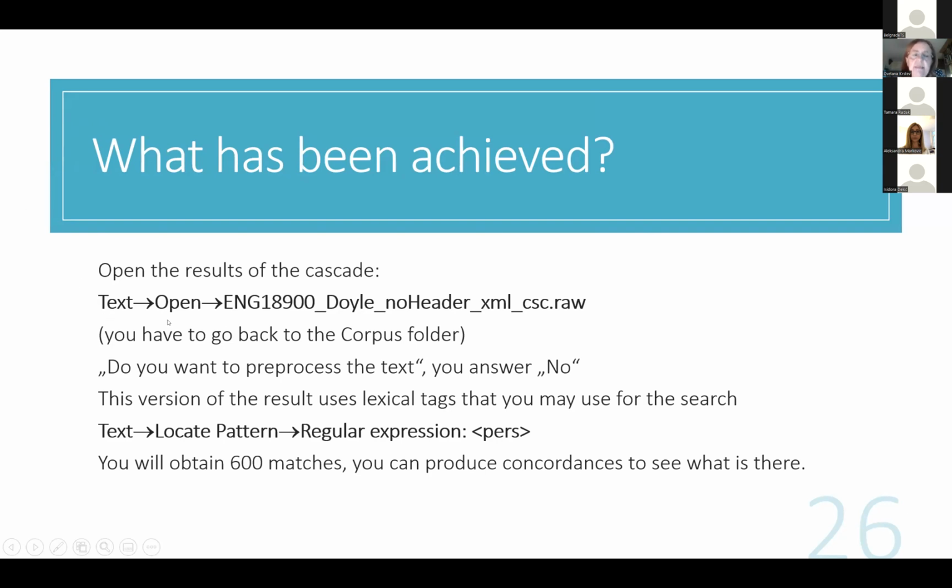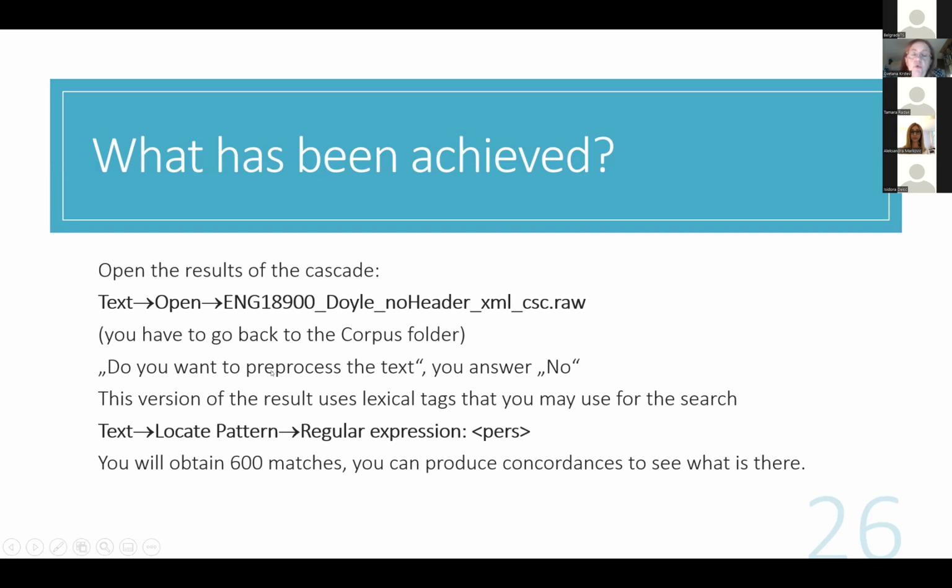So text, menu, open, and then you choose the file whose name at the beginning has the slash CSC. That means that it is the result of the cascade, and then the version row, because you have two versions, you choose now the version row.